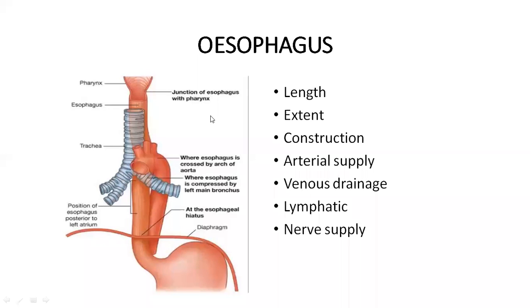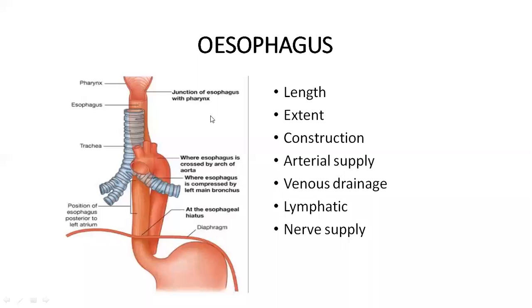The second constriction is 22.5 centimeters from the incisor teeth, formed by the crossing of the arch of aorta.